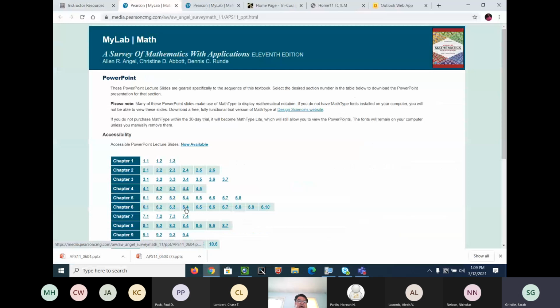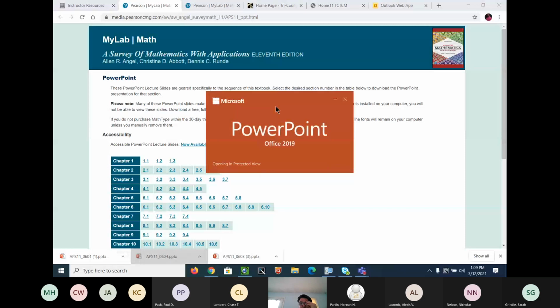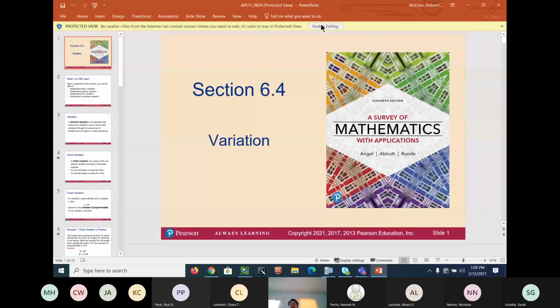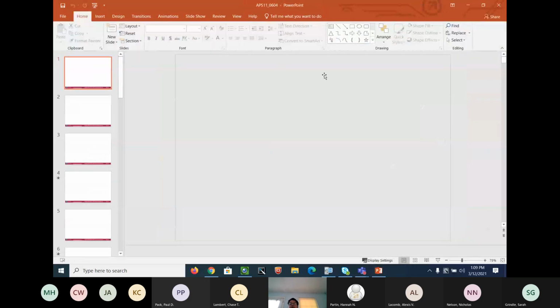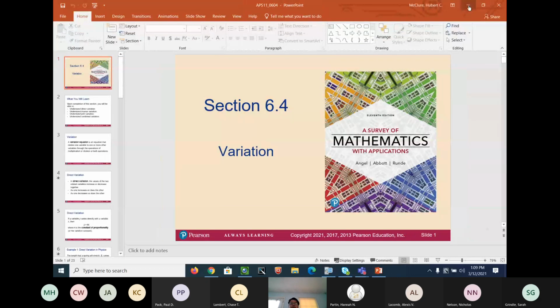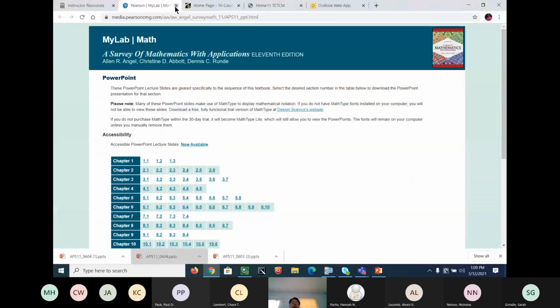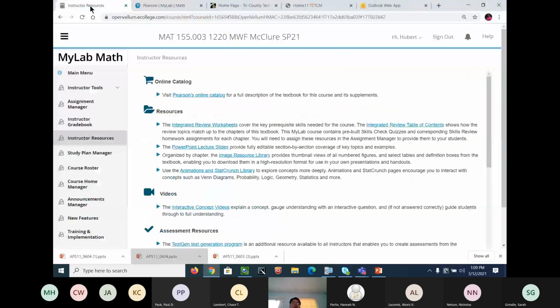Well, I know 6.5, I think, is inequalities, unless they've changed it. I think this is variation. Okay. I'm going to wait a second on variation. We're going to go to the homework. I'm going to pull the study plan. And I'm going to pull up some questions on the study plan.